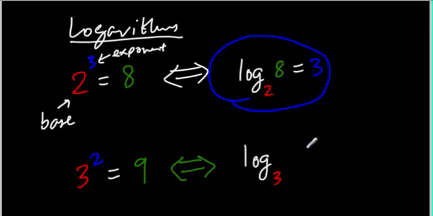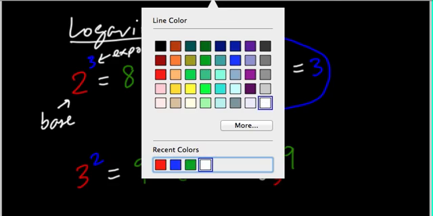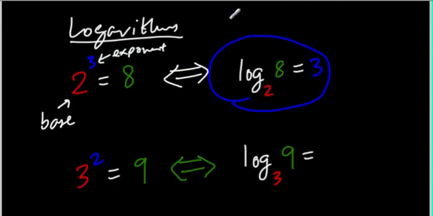So log base 3 of 9. The question is, 3 to the power of what will give you 9? The answer is 2. So 3 to the power of 2 is equal to 9.